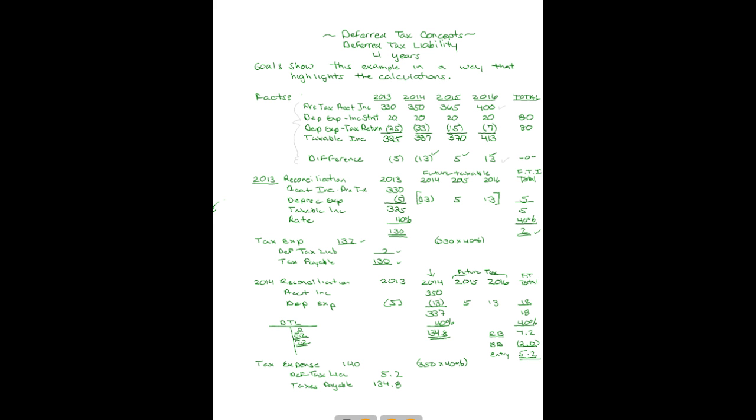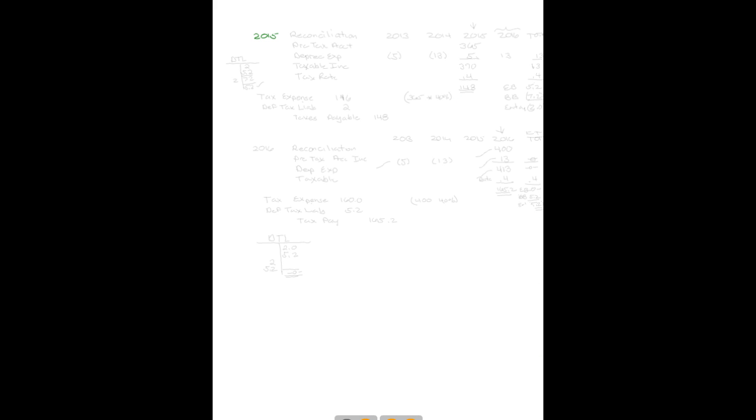We're on 2015 now, and we're starting our reconciliation, and you should never start an entry on this until you have taken pre-tax accounting income and reconciled it to taxable income. And I happen to know from our example that we're only working with one difference, a depreciation expense relating to assets, working with a liability.